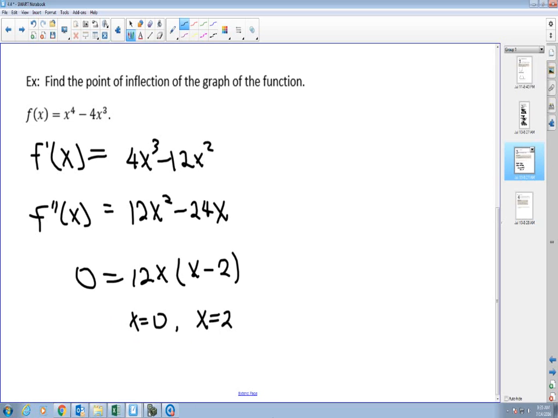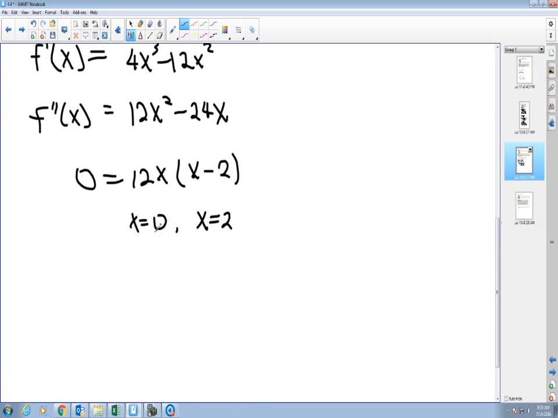So now, this 0 right here, if you think about the interval from negative infinity all the way to 0, if I would pick -1 as a test point, plug it back into my f double prime, it will actually be positive. So that tells me it's concave upward.